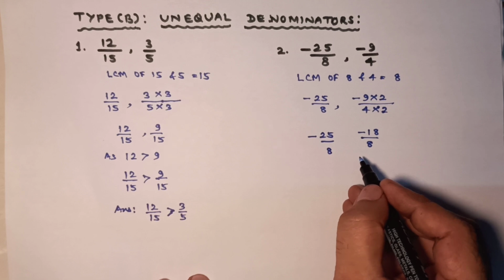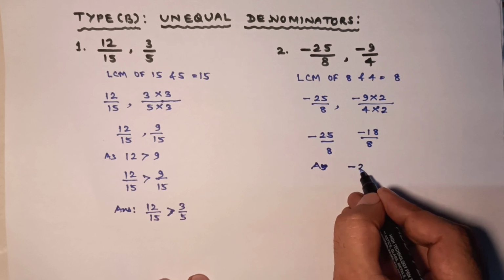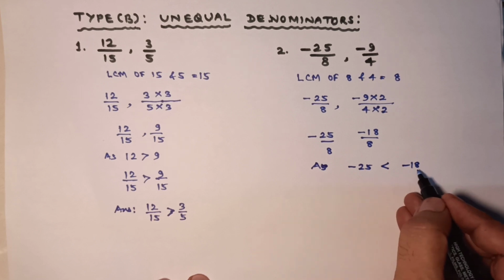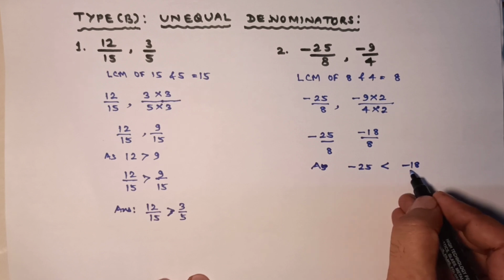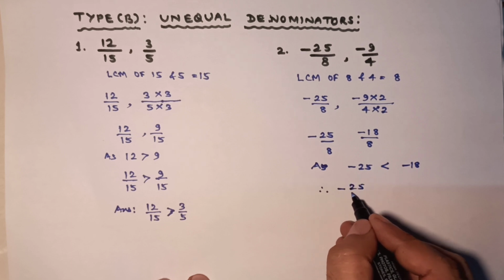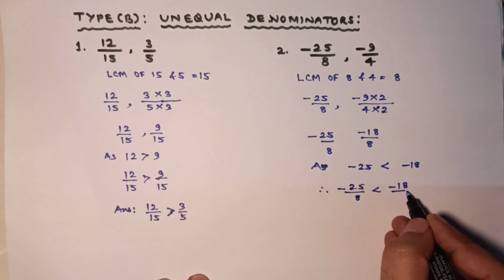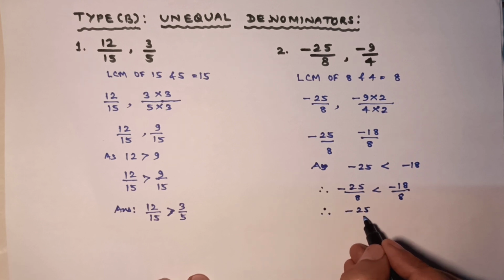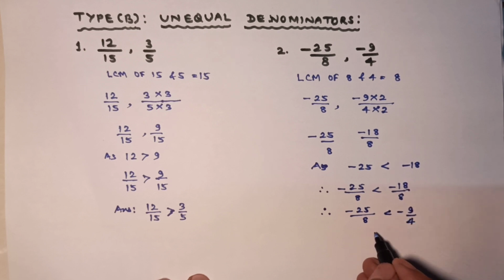Now you have to compare minus 25 and minus 18. Minus 25 will be smaller because 25 is bigger than 18. So minus 25 is smaller than minus 18. Therefore you will have minus 25 by 8 as the smaller and minus 18 upon 8 as the bigger one. Now if you change back, you get minus 25 by 8 is smaller than minus 9 by 4, which will be your answer.